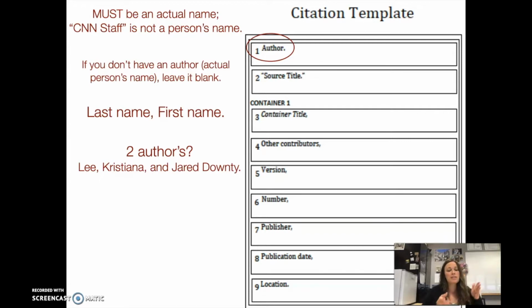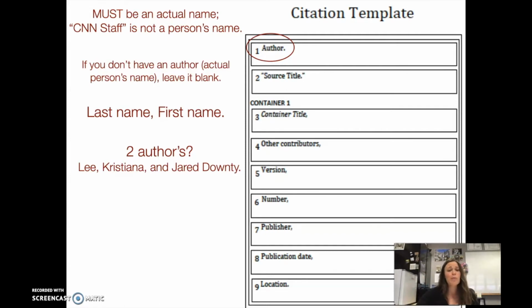So the first person's name that gets listed will be last name, first name, and then the second person will just be first name, last name. Also notice I did not put these in alphabetical order by last name. When you are listing authors, it's important to list the first author that's listed on the actual source. Okay, so there you go.